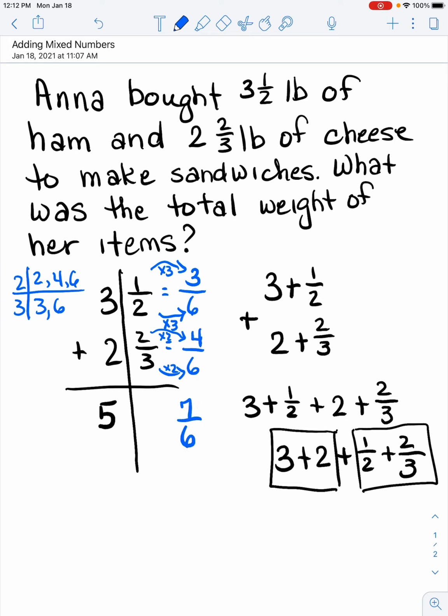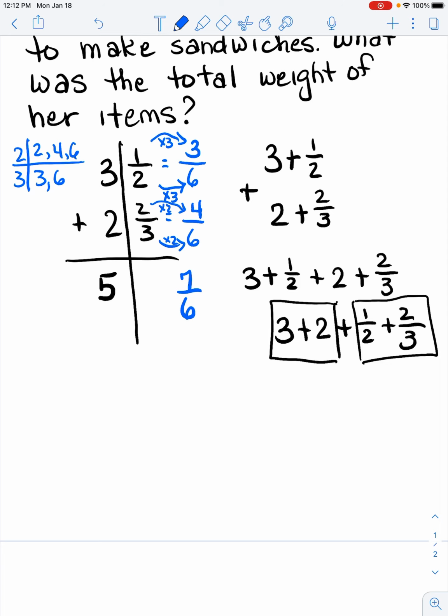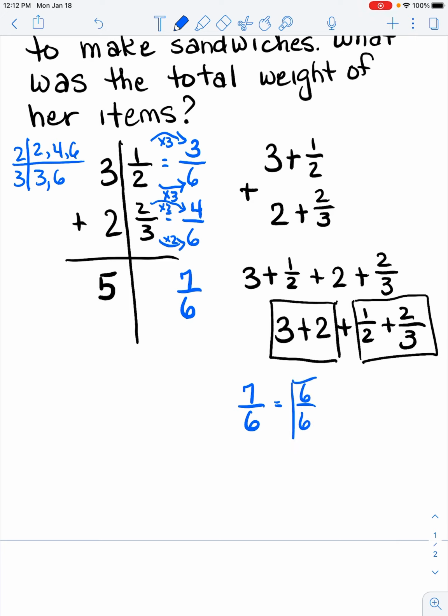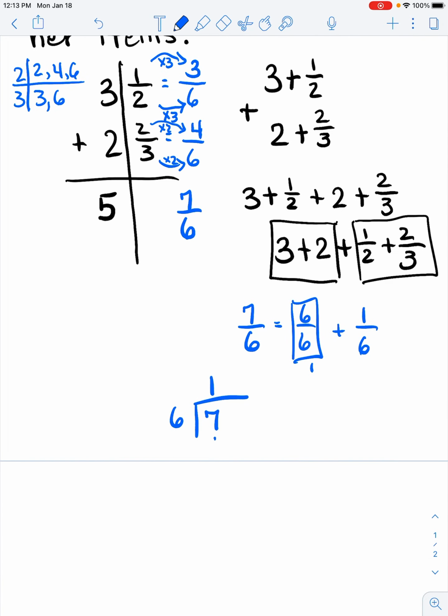Well, guess what? 7 sixths is a mixed number. And so if I use any of my techniques to change fractions to mixed numbers, I can look at this as 7 sixths equals 6 sixths, which is 1 whole, plus 1 sixth. Or I can divide 7 divided by 6, and I get 1 and 1 sixth.